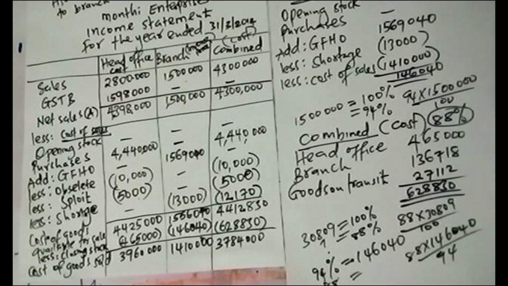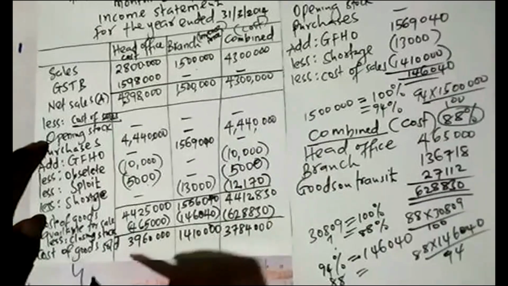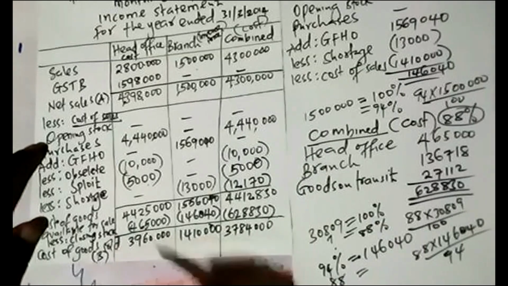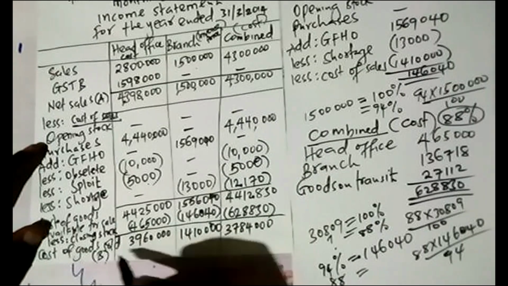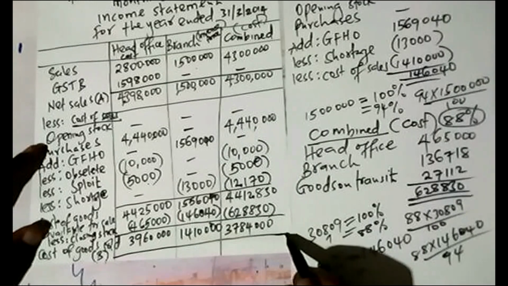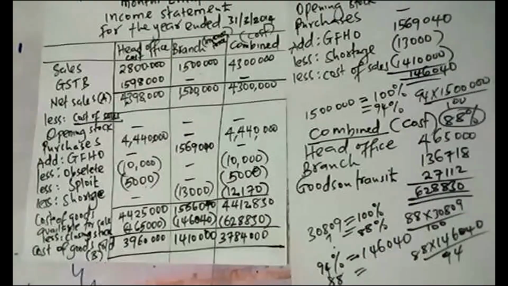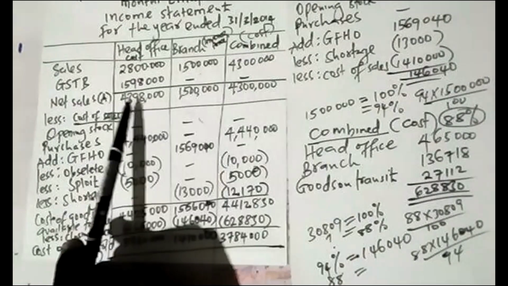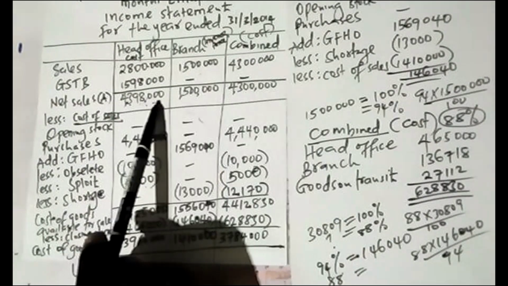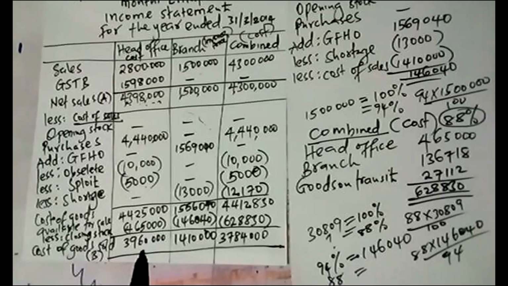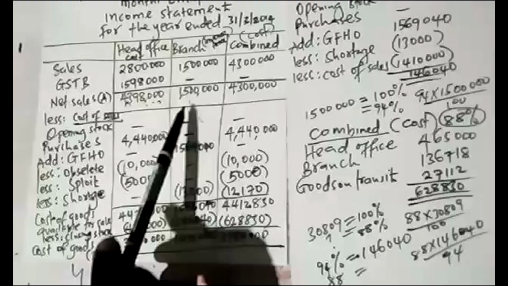So this is now B. That is my B. So I will be looking for gross profit. So I will check my net sales. Like now the first one is 43.98. Then minus this 39.60. I will get a gross profit. The same with this.